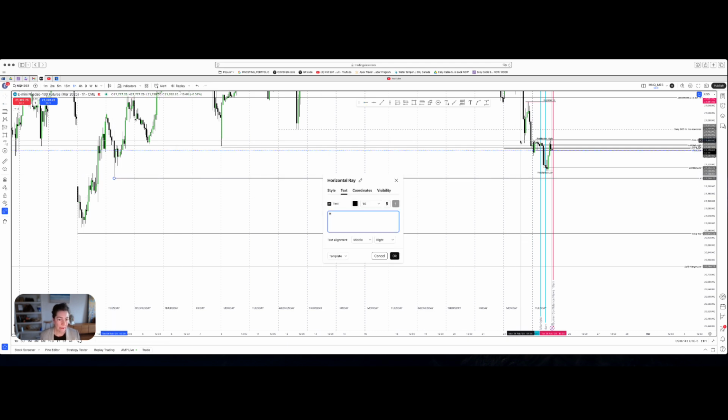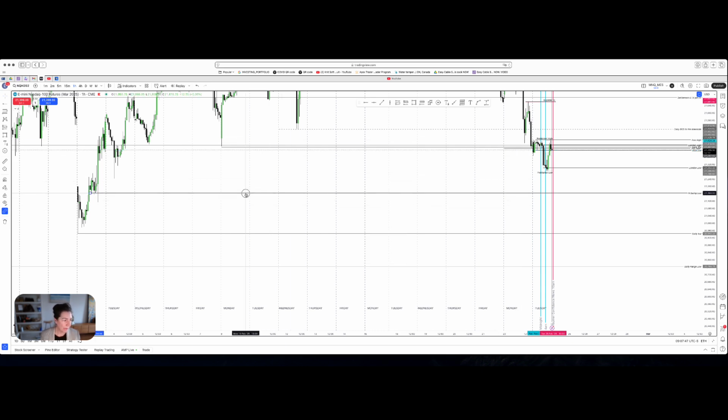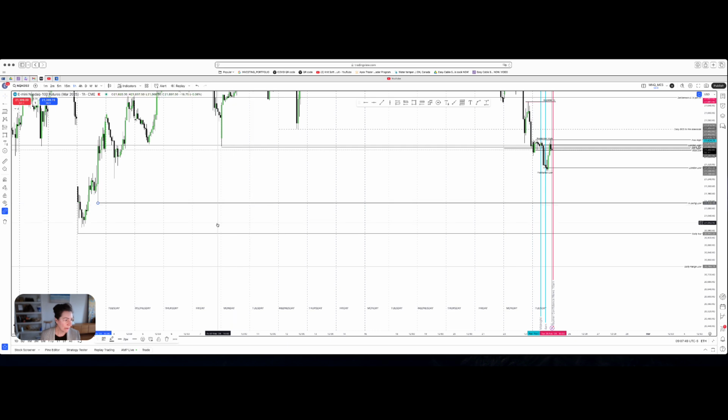This is an hourly swing low, so I know that there's liquidity below that, and I'm going to mark the same for this area here and our daily low here. I'm going to change this to buy side on the hourly.